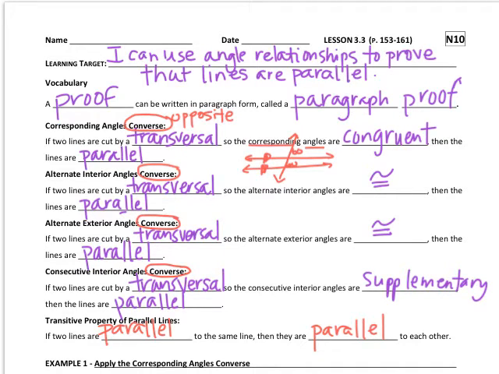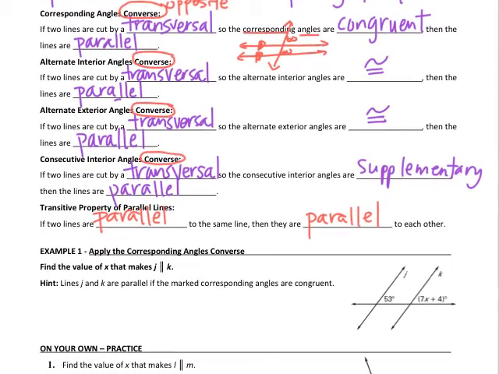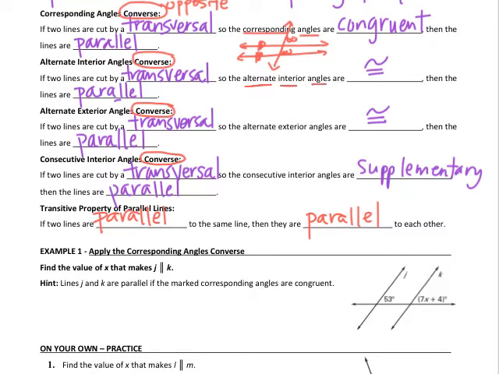Alright, so alternate interior angles converse is saying the same thing. If we have two lines that are cut by a transversal so that the alternate interior angles are congruent, then we know the lines are parallel. So the important part is checking to see if those angles are congruent, and then you can say yes, those lines are parallel. So it works both ways.